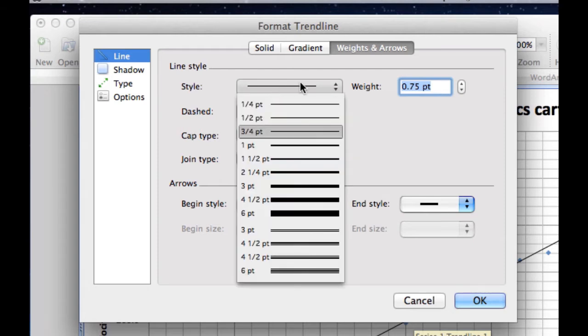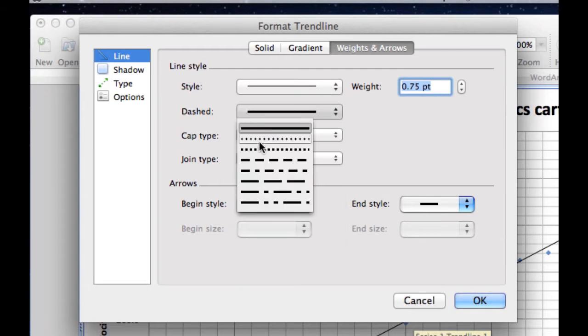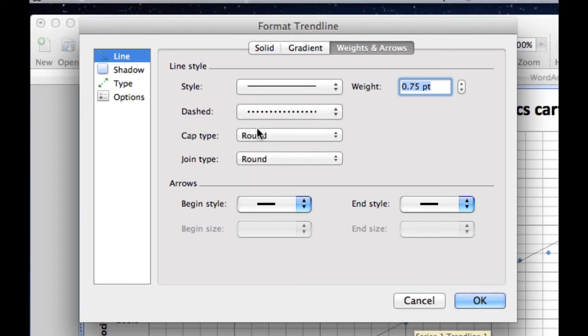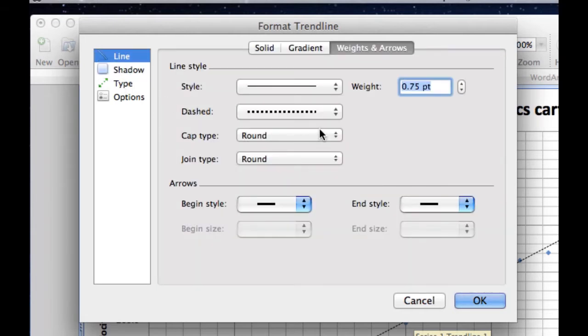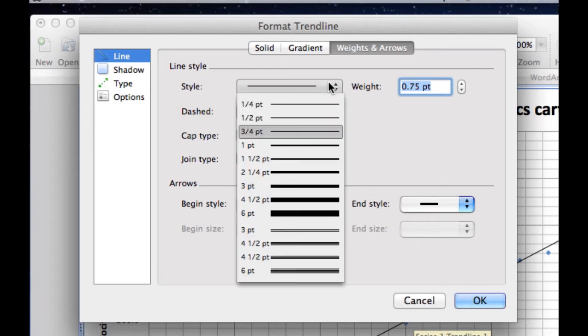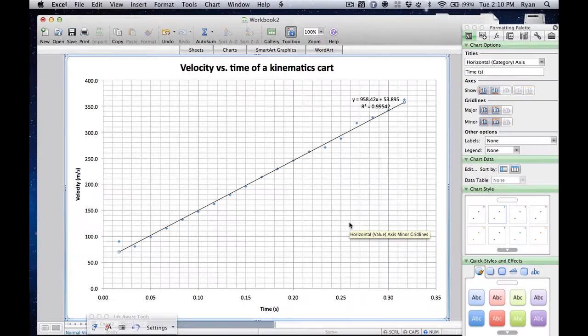If you're making more than one line of best fit, you may want to change the style of it. You usually wouldn't want to have arrows or anything like that for it. You can also give it a shadow, but you might want to change what the line itself looks like. So let me change it back to a nice straight line. Yeah, that's good.